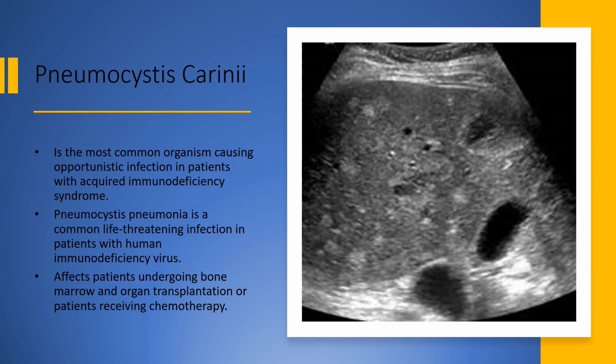Pneumocystis carinii is another one you're going to see in the presence of immunocompromisation, so HIV patients, patients who are undergoing chemotherapy, transplant patients. This is an opportunistic pneumonia. Pneumocystis pneumonia is a common infection, again, that we see in the presence of HIV.